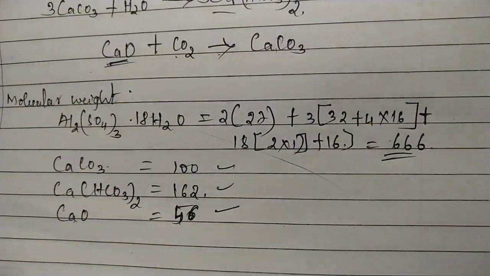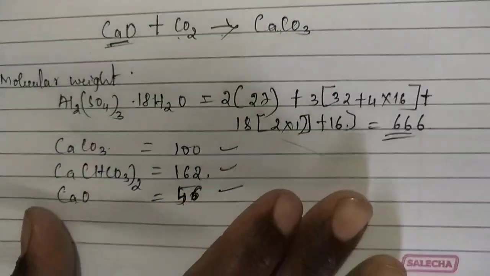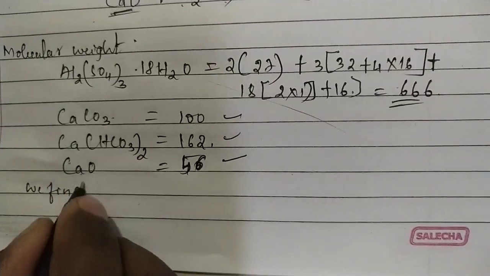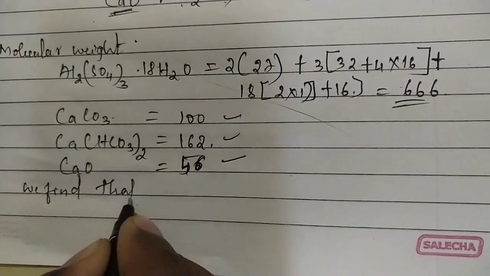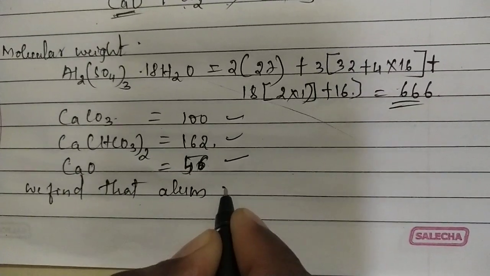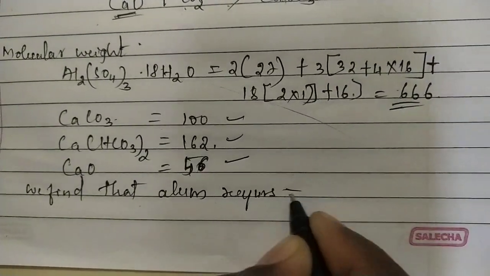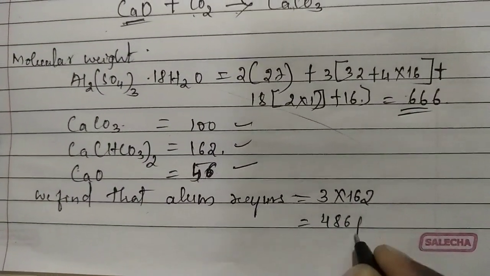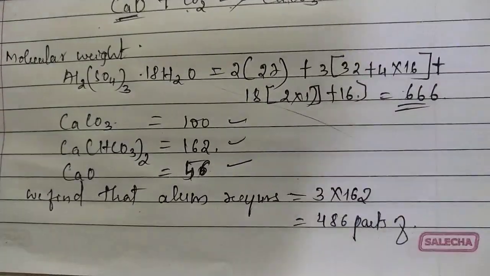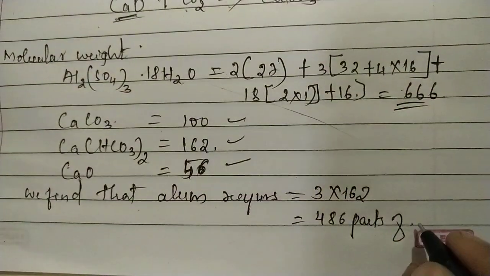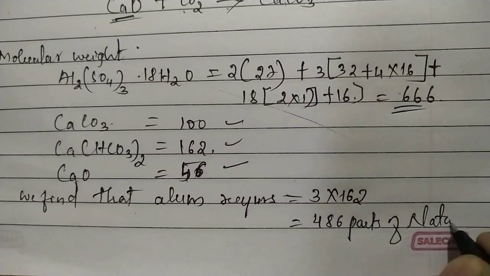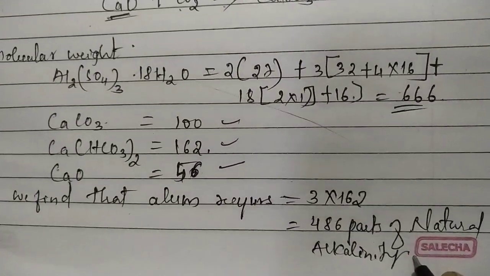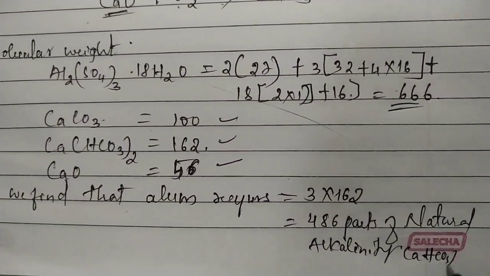Okay, next we find the alum required. Therefore we can find that alum requires 3 into 162, that equals 486 parts of natural alkalinity, that is Ca(HCO3)2.